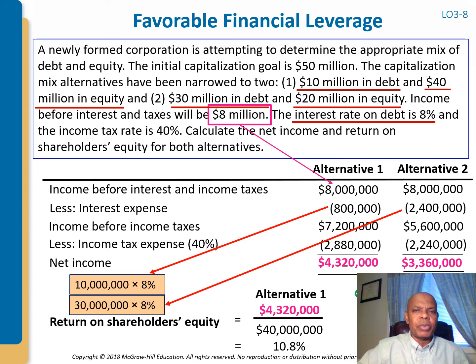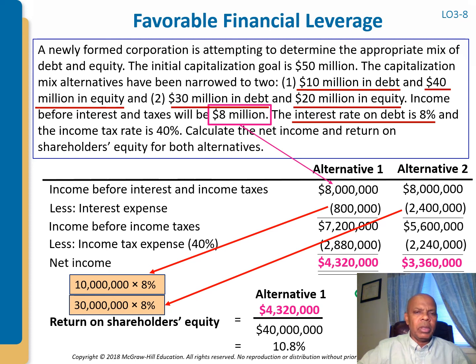Okay, that's one option. Two, you borrow 30 million and you put in only 20 million in equity. Income before interest and taxes will be 8 million. The interest rate is 8% in both cases. The income tax rate is 40%. Calculate the net income and return on shareholders' equity for both alternatives.